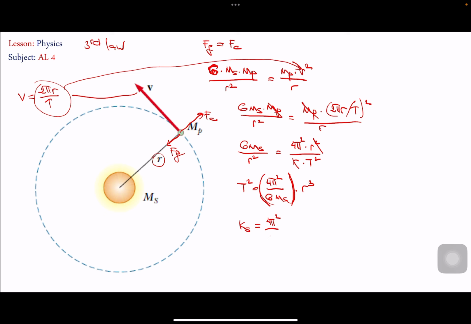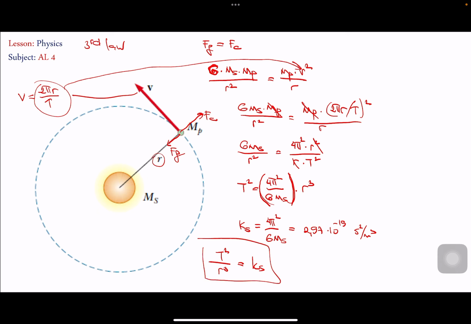So that has a certain value, that is 2.97 times 10 to the power of minus 19. If you look at the units, it's second squared over meter cubed. So I can write here that T squared over r cubed equals the constant value.